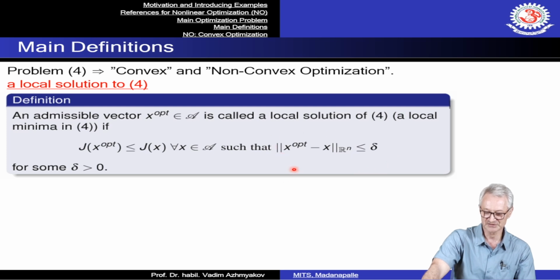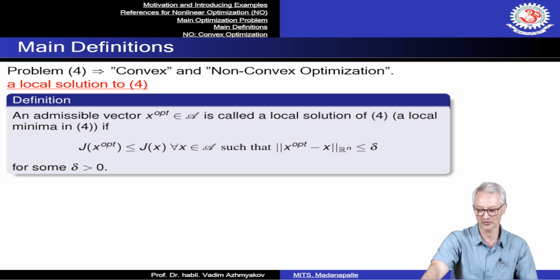We assume that the problem has an optimal solution. This solution is denoted by x opt, and then in some neighborhood of this x opt, we define such an inequality as a correct inequality, and in this case we speak about a local solution.